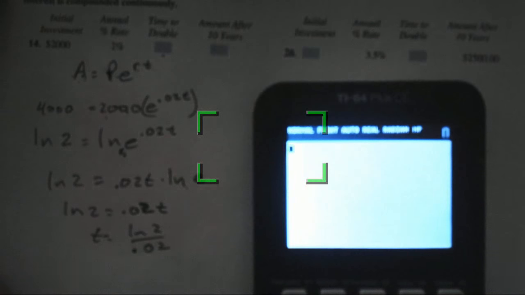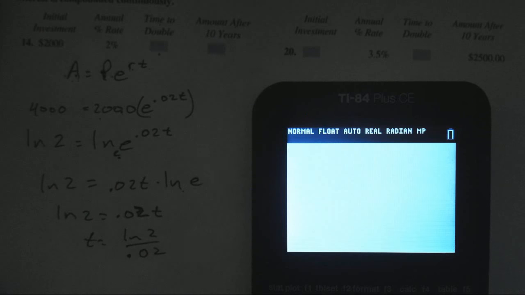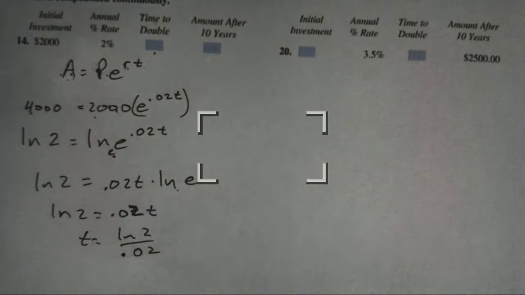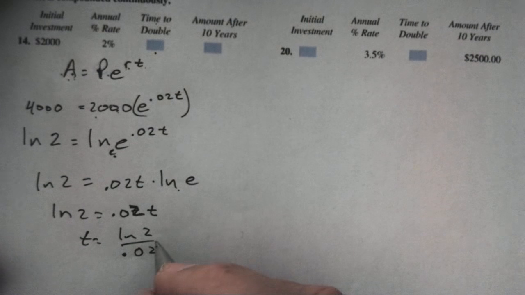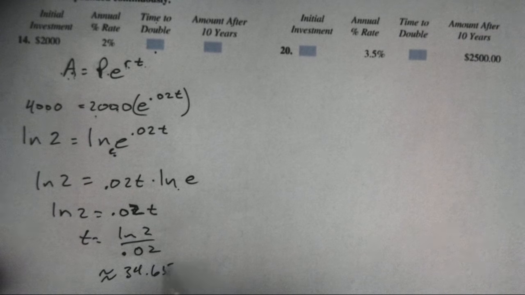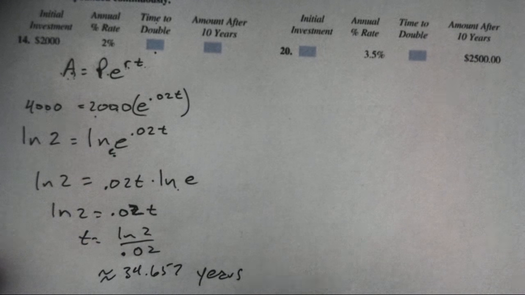I'm going to do plain old ln 2 divided by 0.02, and I get 34.657, and that of course would be years.